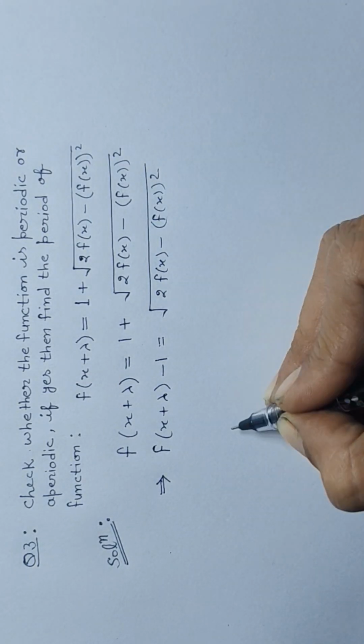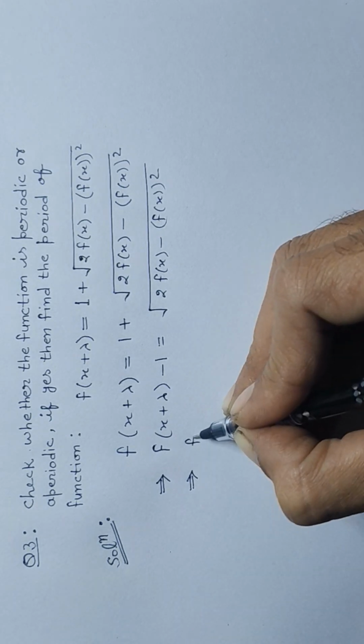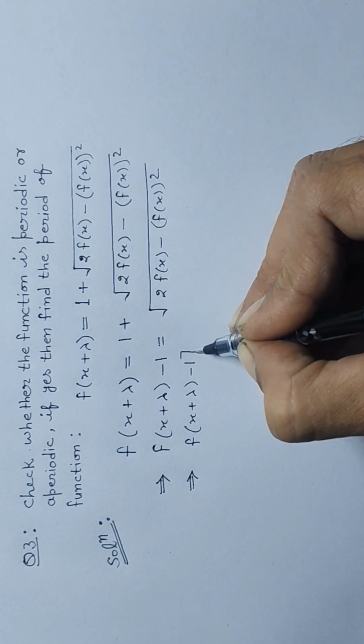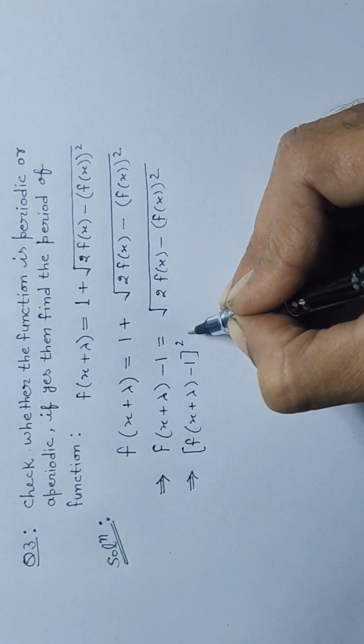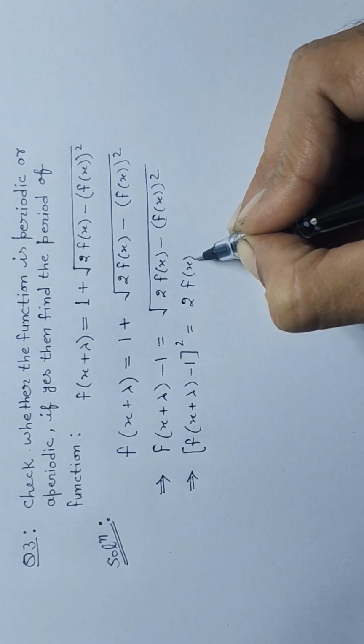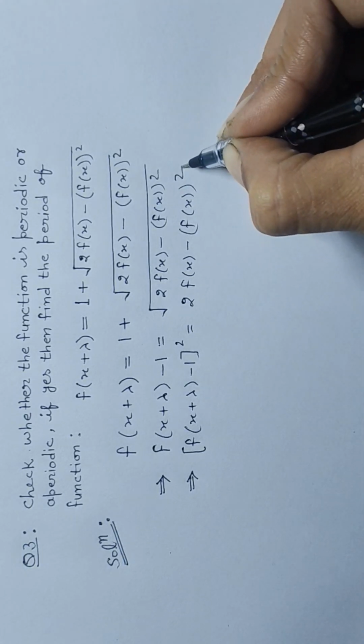Squaring on both sides, we get (f of x plus lambda minus 1) whole squared equal to 2 times of f(x) minus f of x whole squared.